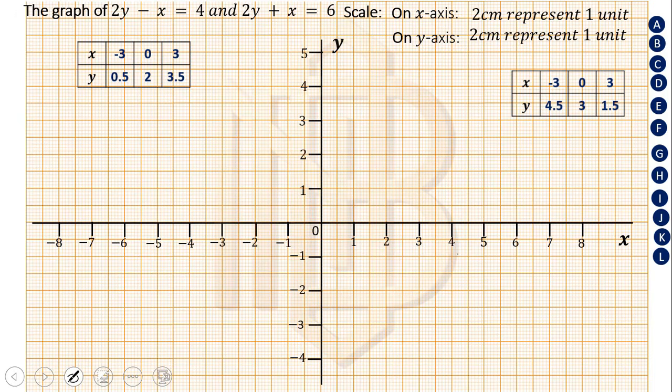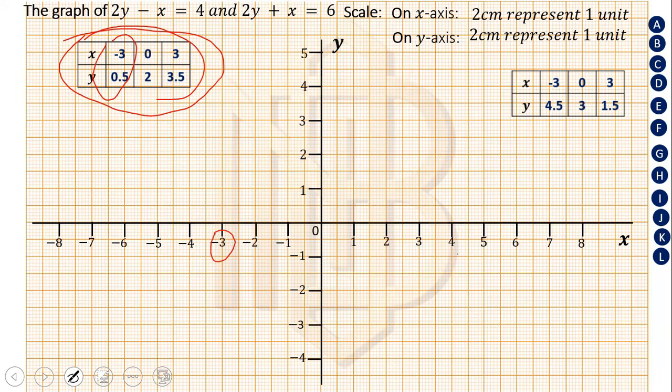The next thing is to start plotting the points. Starting with the first equation, to plot the graph. So we first of all pick the first point. That's -3 and 0.5. That's when x is -3. You check the x-axis. This is when you have -3.